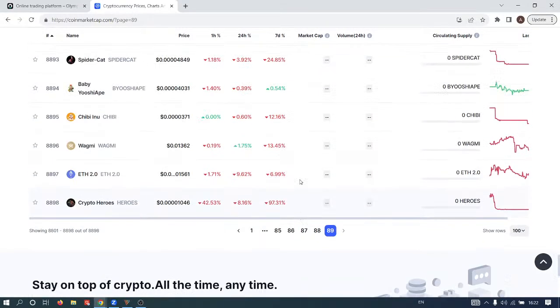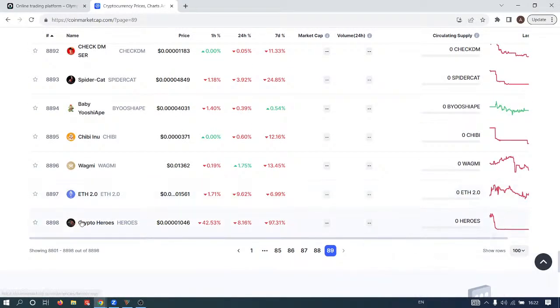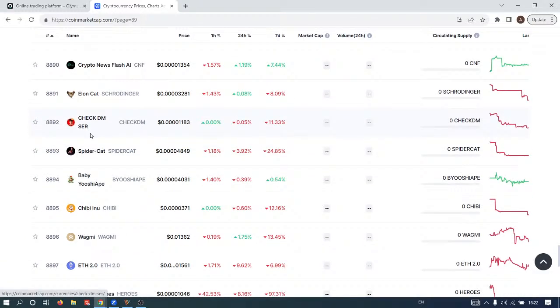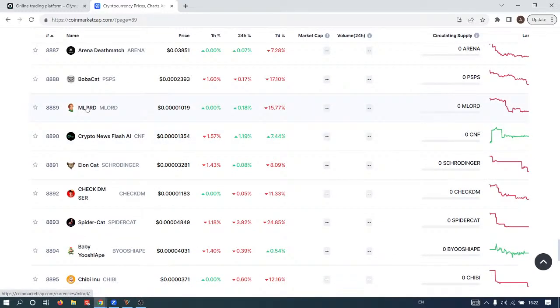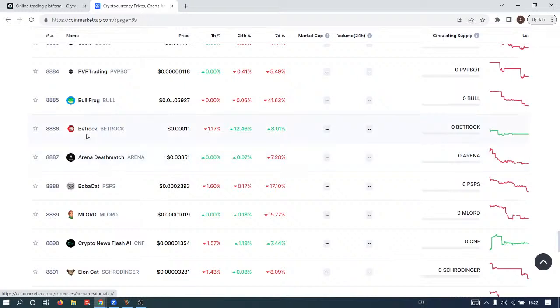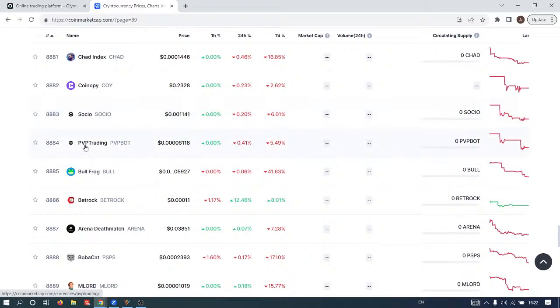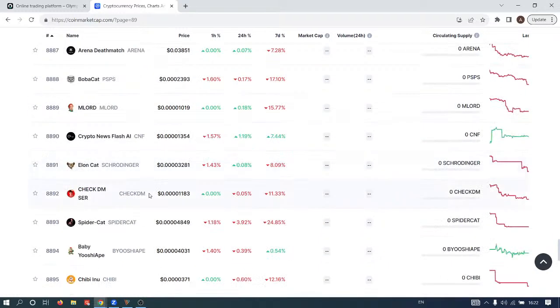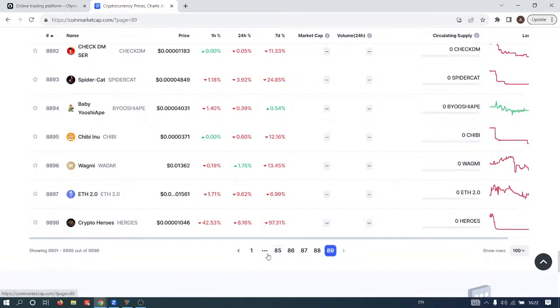So yes, we have these crypto heroes: Ethereum 2.0, WAGMI, Chibi Inu, Baby Yoshi Ape, Spider Cat, Check DM Sir, Elon Cat, Crypto News Flash, Milord, Boba Cat, Arena Deathmatch, Bedrock, Bullfrog, PvP Trading, Socio. Guys, it's 9,000 cryptocurrencies out there.